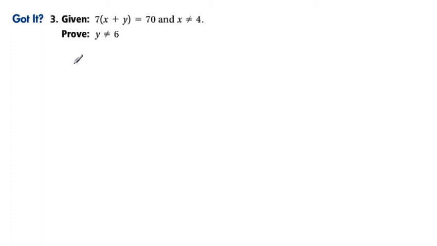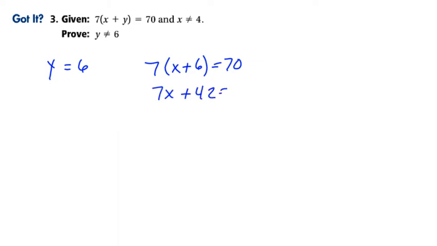So our assumption will be, we're going to assume that y equals 6, okay? And if y equals 6, then we can go ahead and write 7 times x plus 6 is equal to 70. And if we distribute our 7, we get 7x plus 42 is equal to 70.